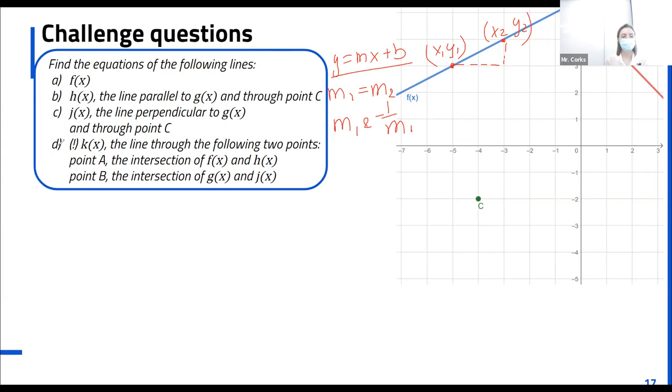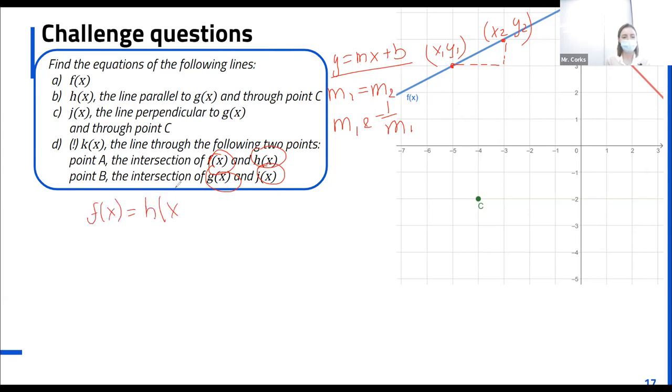And for the last one, you need to firstly, of course, find the equations of all the lines mentioned here, F, H, J, G. And then to find the intersection points, you need just to write the slope-intercept forms like this.